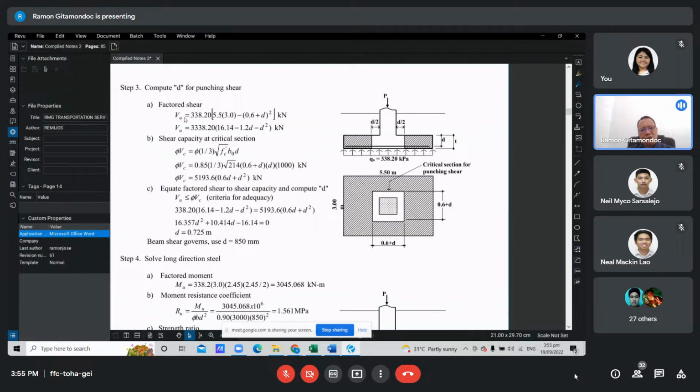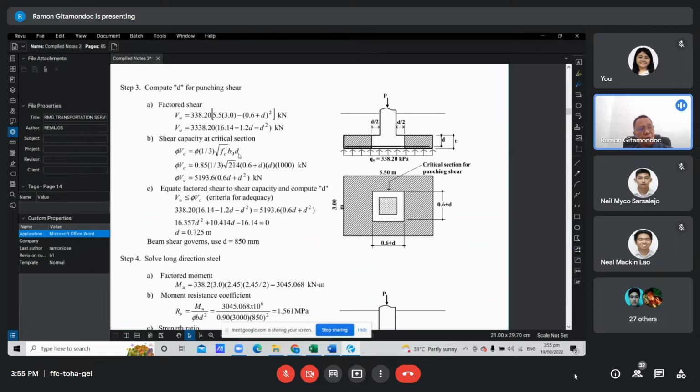So now we solve for the shear force that will act on this critical section, no? That would be the net ultimate upward pressure multiplied by this tributary area, which is the area of this big rectangle minus the area of this square. So we have the calculation here. Then for shear capacity, we have V = 1/3 square root f'c bod.